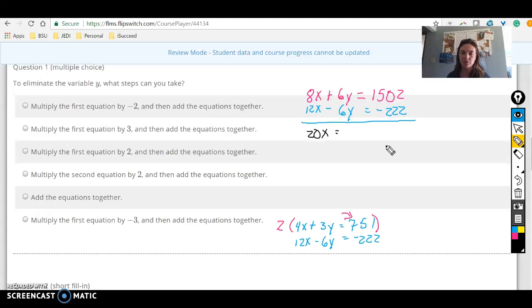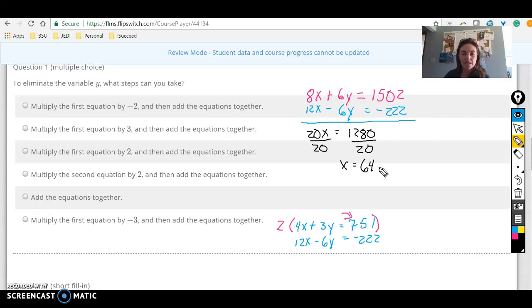Yep, okay, so 1280. Now to solve for x, I divide both sides by 20. And when I do that, I get x equals 64.